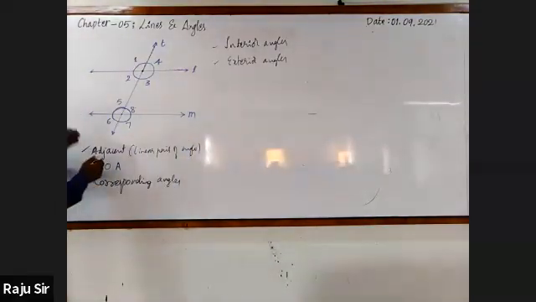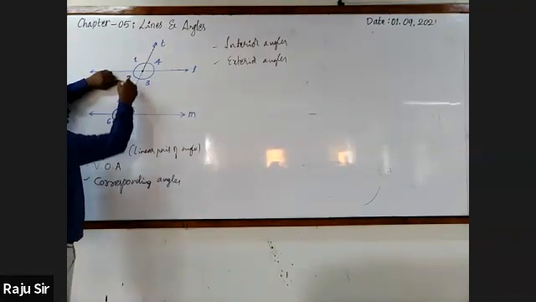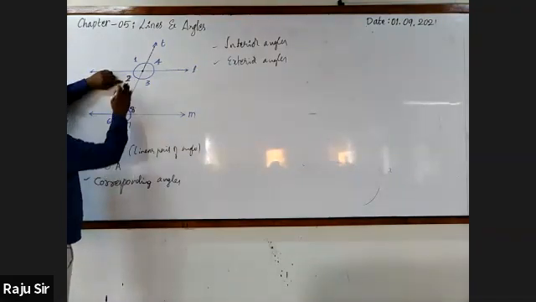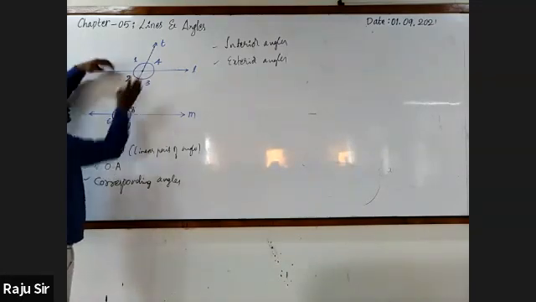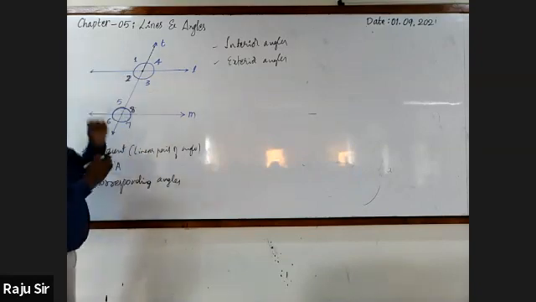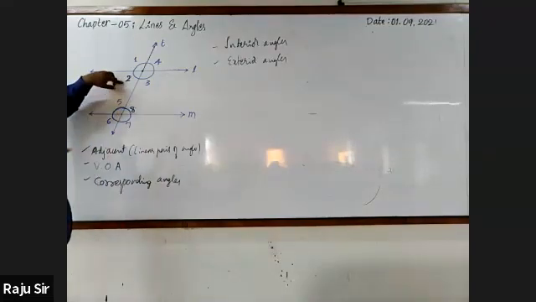Now let me come to interior angles only. Look here: angle 2 and angle 8. These are the angles formed on either side of the transversal at distinct points within the parallel lines, called alternate interior angles.